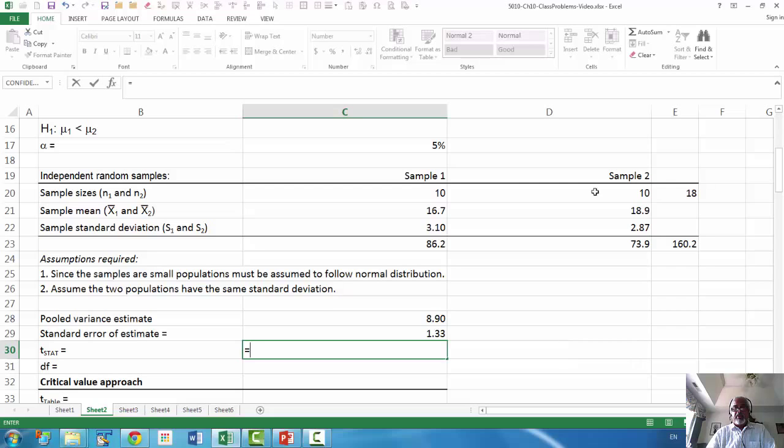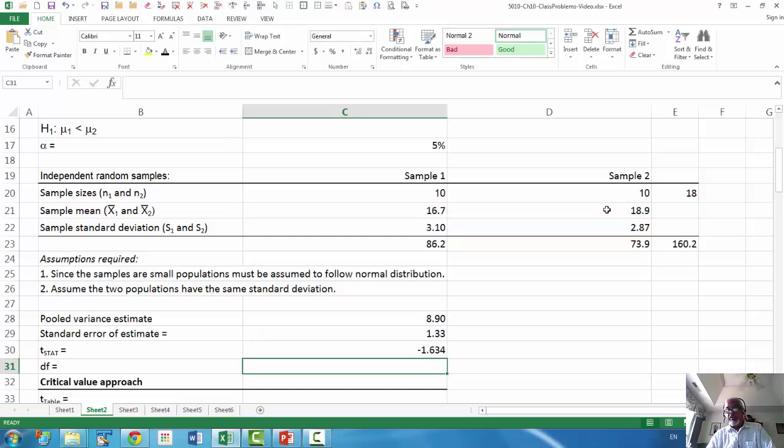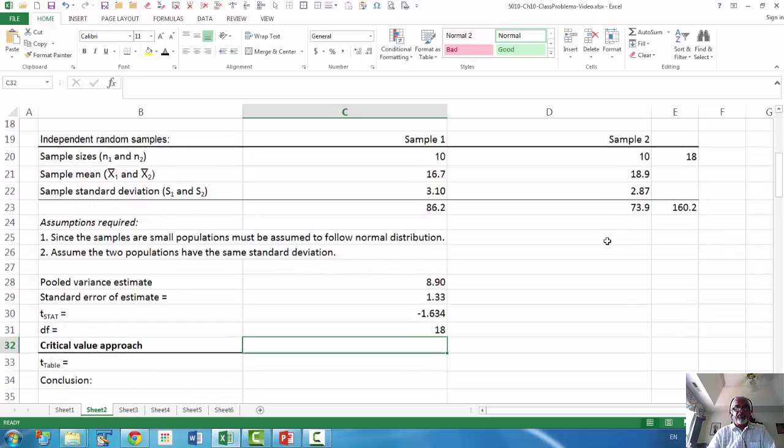Okay, now the t stat is x bar sub 1 minus x bar sub 2. The right hand side of the hypothesis is 0, so we need to divide by the standard error and we get the t value. Degrees of freedom is n sub 1 plus n sub 2 minus 2.